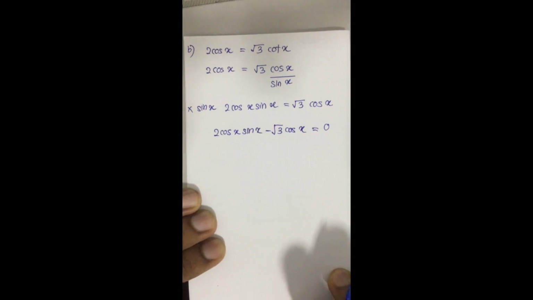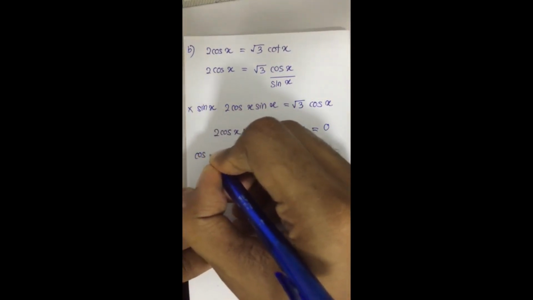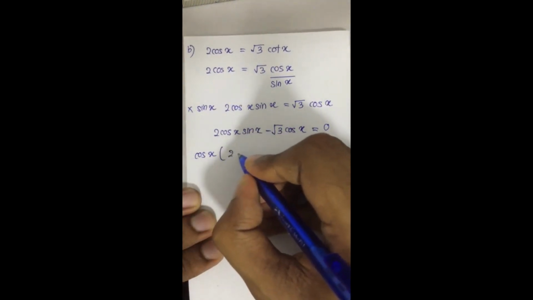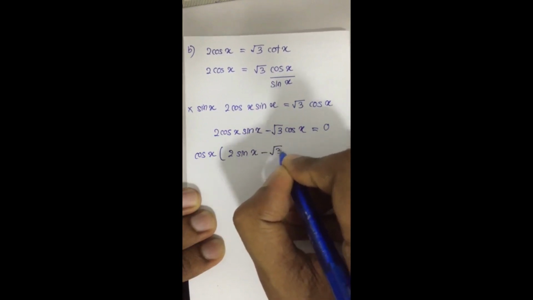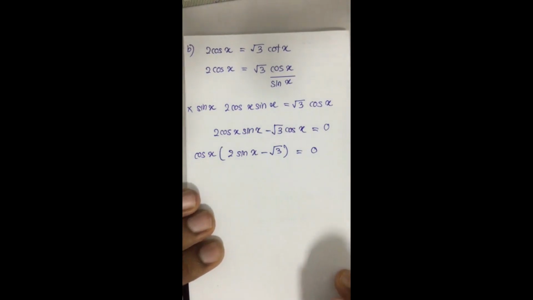Then we factor out the cos x, and we're left with cos x times open bracket 2 sine x minus sec 3 close bracket equals to 0. Up until now I hope you guys are clear.